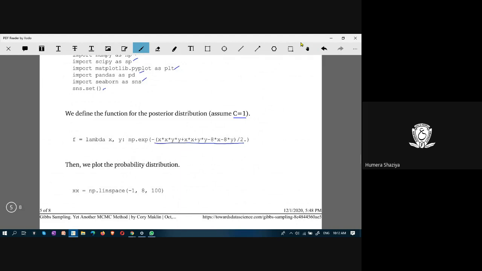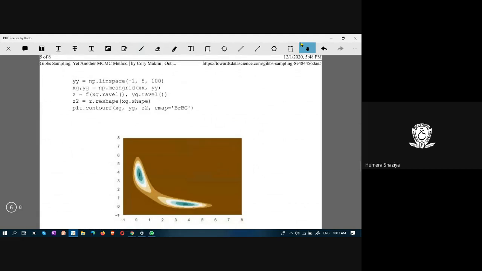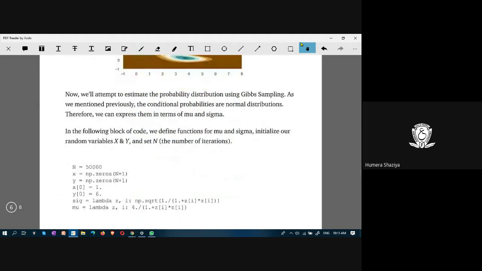And then a distribution is plotted through this linspace. It is a NumPy function. And then using this contour f, you are plotting this function, visualizing.